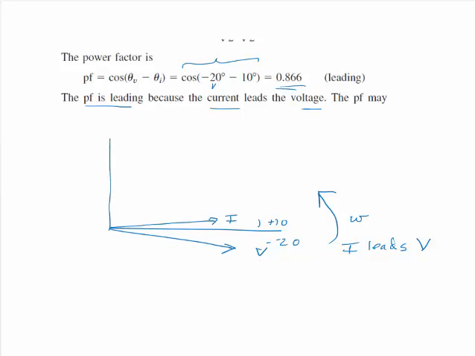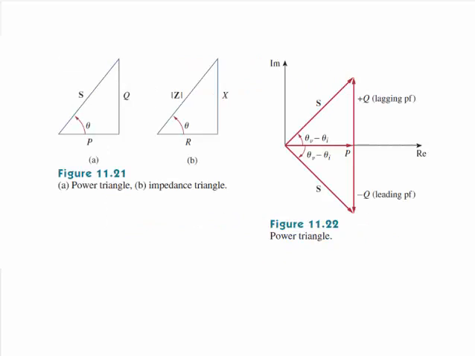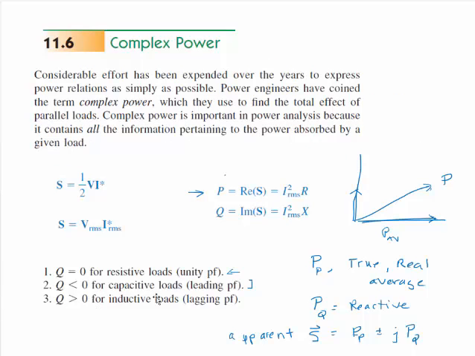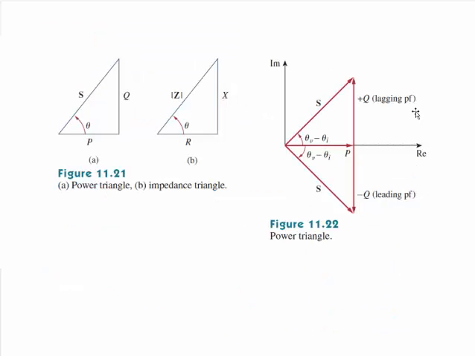And that's what would occur in an inductive load. Q would be greater than 0 in an inductive load. So that is true, correct. Inductive points up, capacitive points down. Lagging power factor, leading power factor.